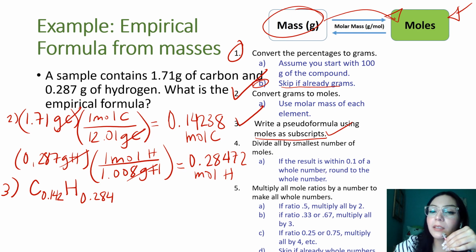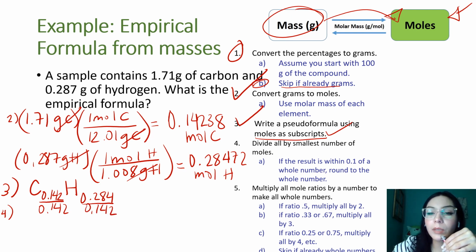Divide all by the smallest number of moles. The smallest number of moles is the 0.142. So we did that, and what we actually get from this is 1, right? 0.142 divided by 0.142 is 1.